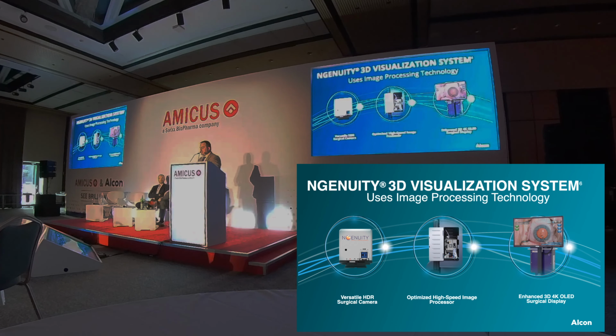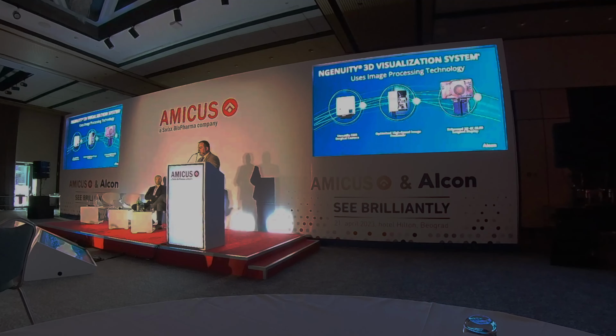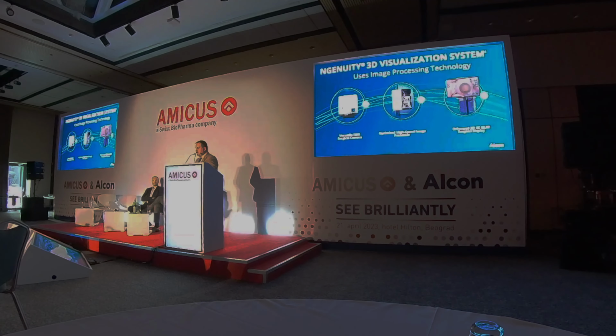Ginic said, the system is comprised of a camera, a high processing PC, an imaging unit, and a really important key element, the screen, which is OLED, the only OLED screen in the available 3D systems on the market, providing high dynamic range. You will hear the term high dynamic range a lot during the presentations for Ngenuity.